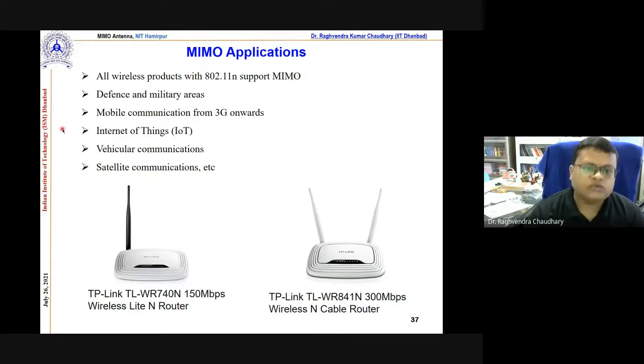We may also have IoT nowadays, the cloud-based things. Actually, we may control all our devices in our home remotely. Correct. And vehicular communications and satellite communications too may benefit from these MIMO applications.